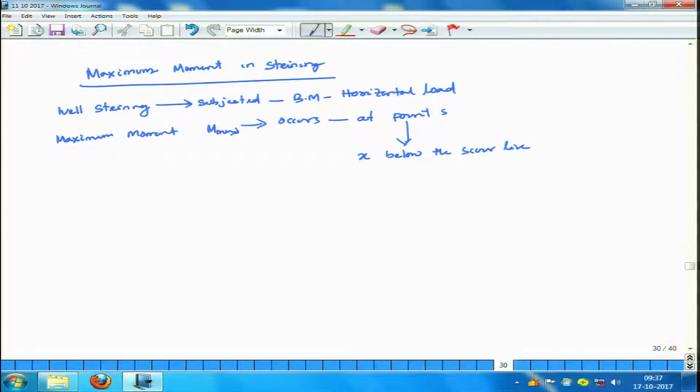What does it mean? That means your shear force is 0. In that case, applied force is equal to the earth pressure.